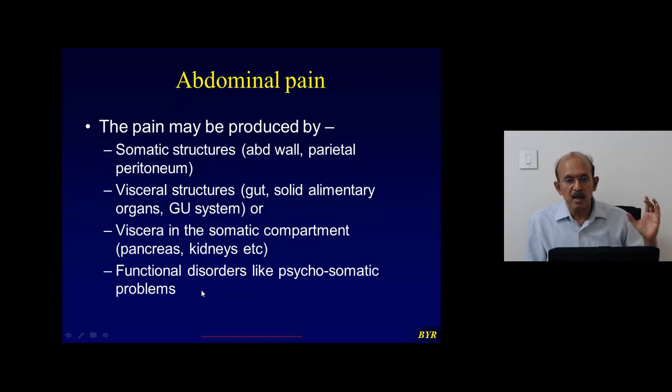So the abdominal symptoms, what we have just discussed, can be a manifestation of some psychological disorder without any organic problem in the abdominal cavity. The organs are perfectly normal, but the patient is having symptoms. So these are all called the functional disorders.